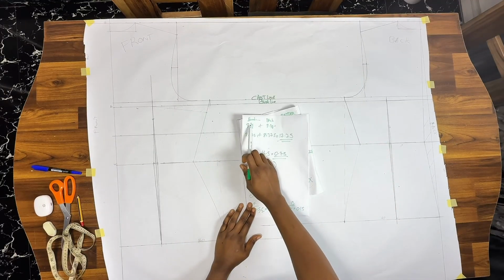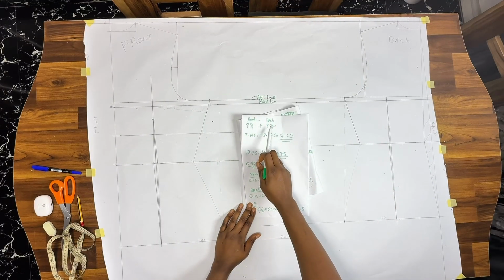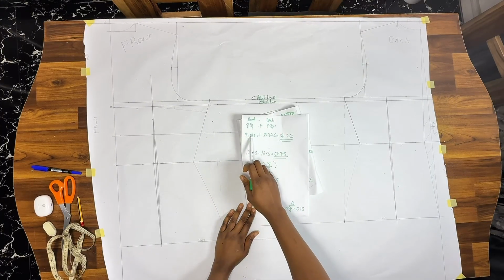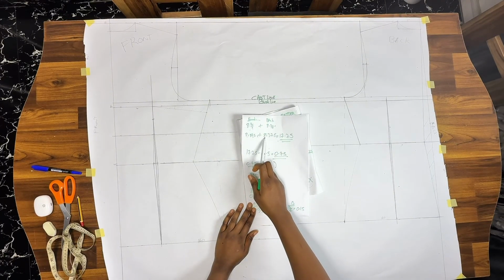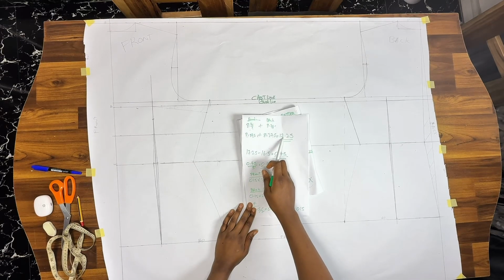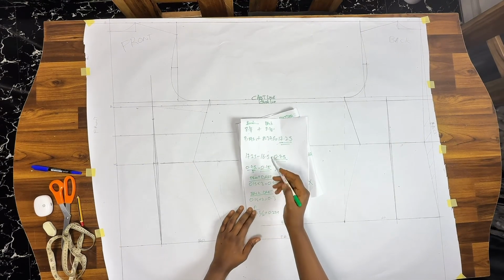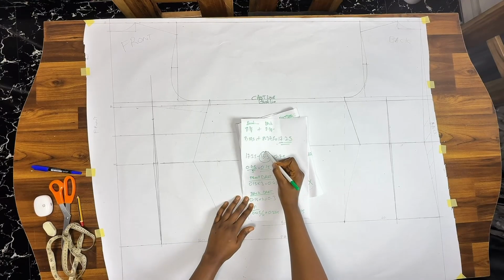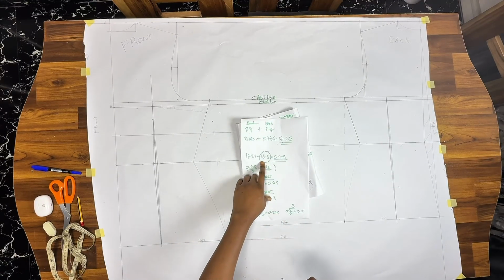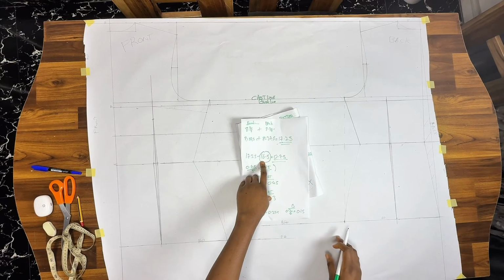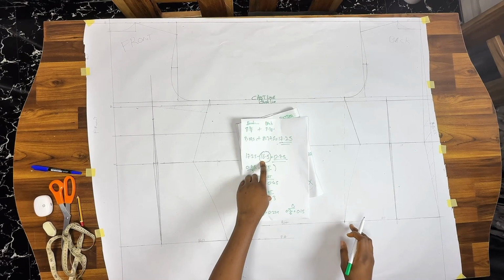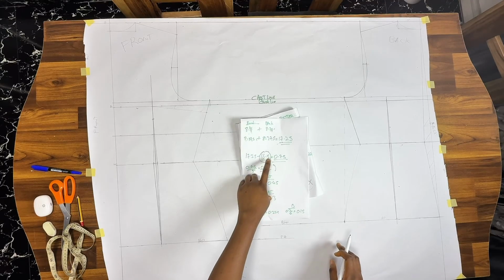So the front I got 8.875, and the back I got 8.375. Total was 17.25. This 16.5 is my actual body waist measurement. My total is 33, and 33 divided by 2 will give me 16.5.